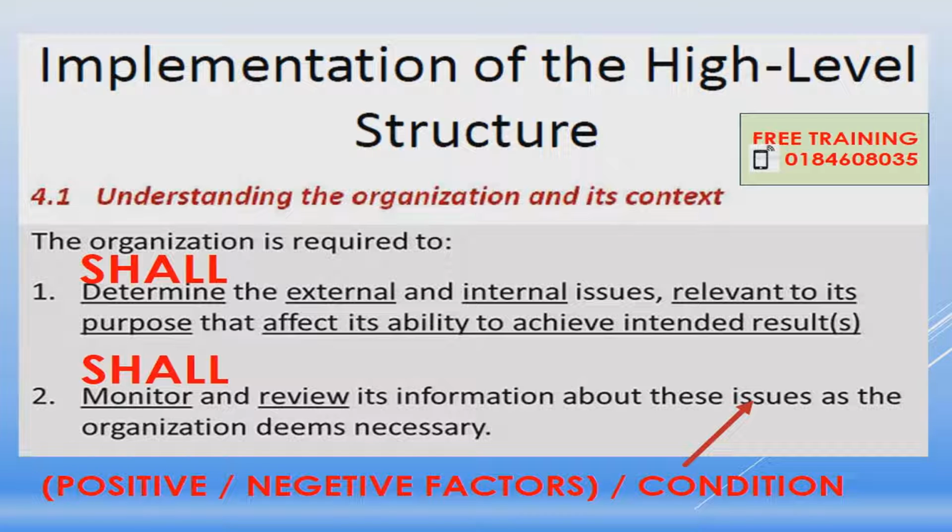Jadi you kena memahami dan analisis kehendak-kehendak di luar ataupun di dalam yang berkenaan dengan syarikat, dan mana yang mengganggu syarikat kamu mencapai keputusan yang dikehendaki. Jadi kena analisis dia secara umum.